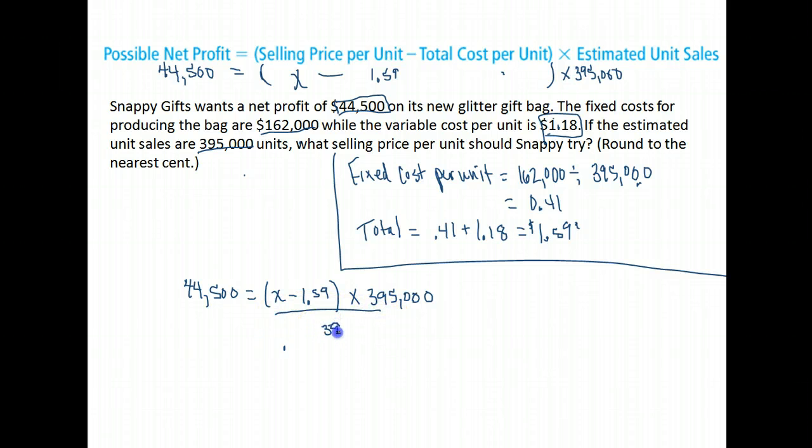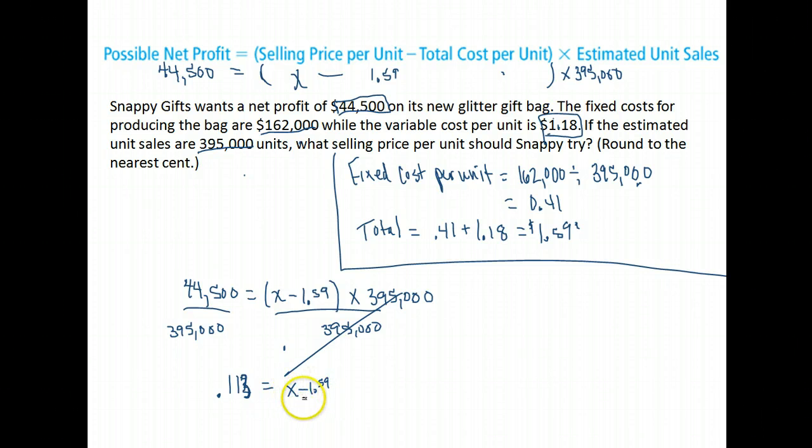We go ahead and divide by 395,000 on both sides, and that gives us X minus $1.59 equals, so we go 44,500 divided by 395,000 is about 0.112. I'll round it to 0.113 because that next number was a 6.